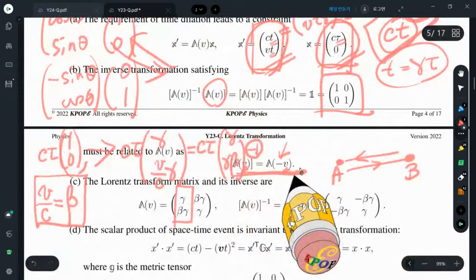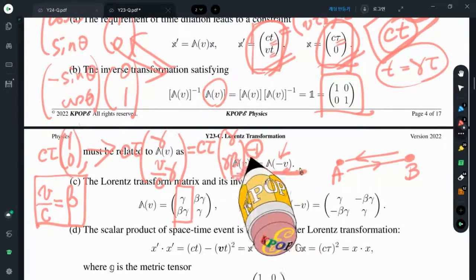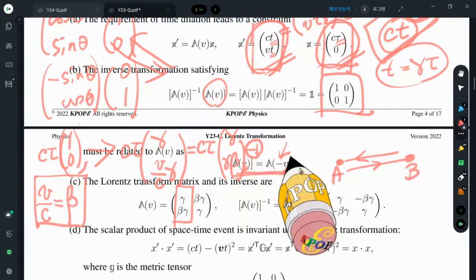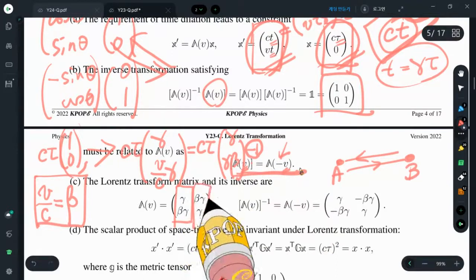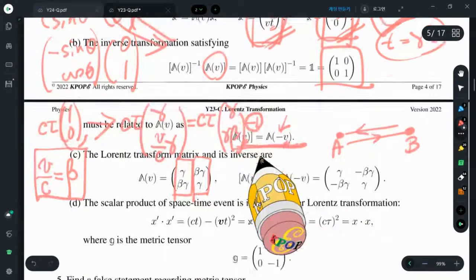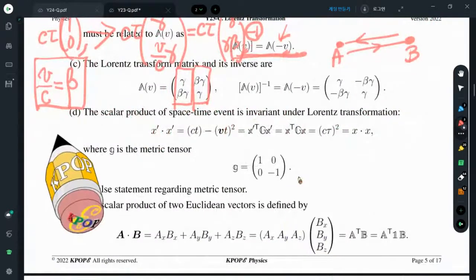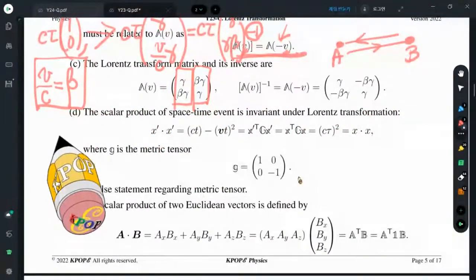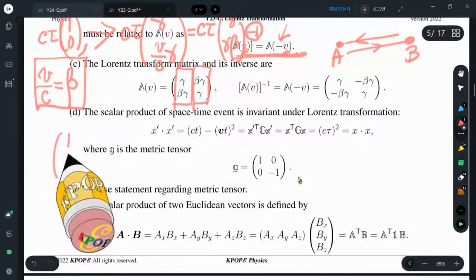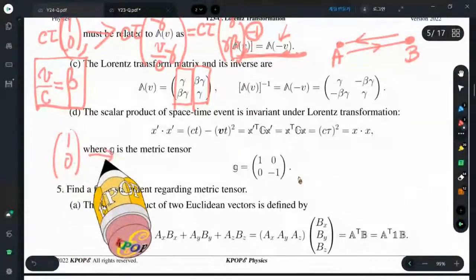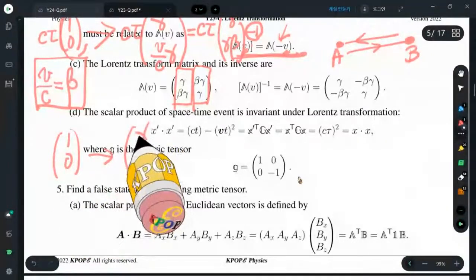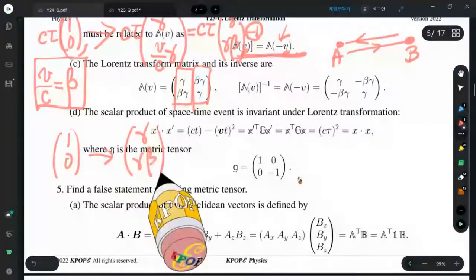The inverse is obtained by replacing v with minus v. We can find that the other contribution is like that because 1, 0 boosts to gamma, gamma beta.